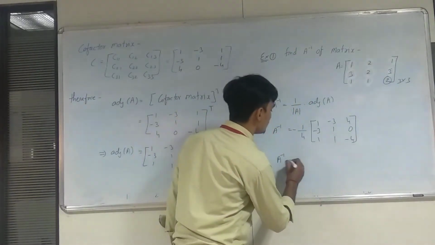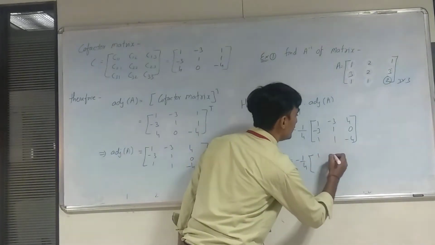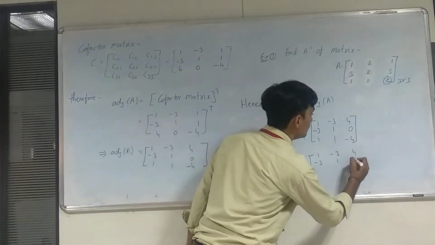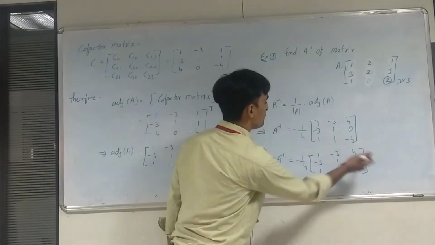So this becomes minus 1 by 4 into 1 minus 3 4, minus 3 1 0, 1 1 minus 4, or you can multiply it inside also.